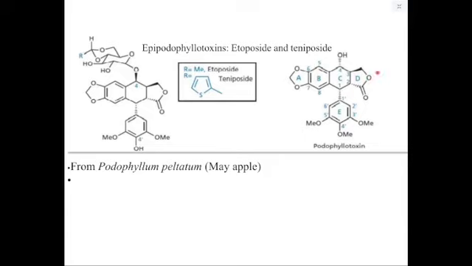The D ring is a furanone because it has that carbonyl group there. So D, C, B, A, and the rings that are numbered are only C and B, and that's podophyllotoxin. You do a substitution at position number 4, and you will be able to get your drugs.